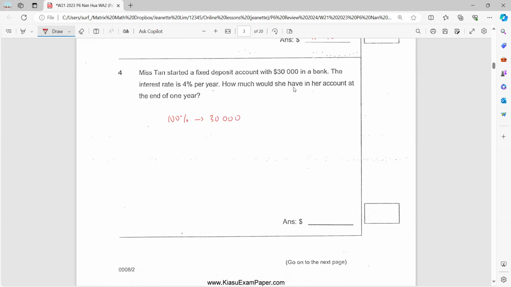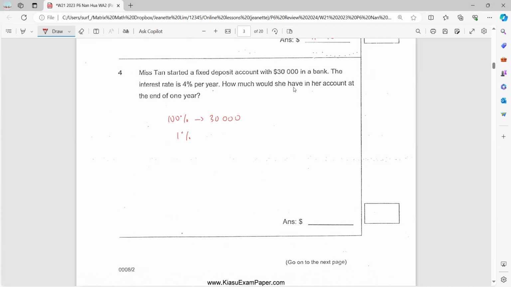The interest rate is 4% per year, so at the end of 1 year, she will definitely get 4% interest. But they ask how much would she have in her account. So what's in her account should also include the 100%. What she has is not just 4%, but 104%.